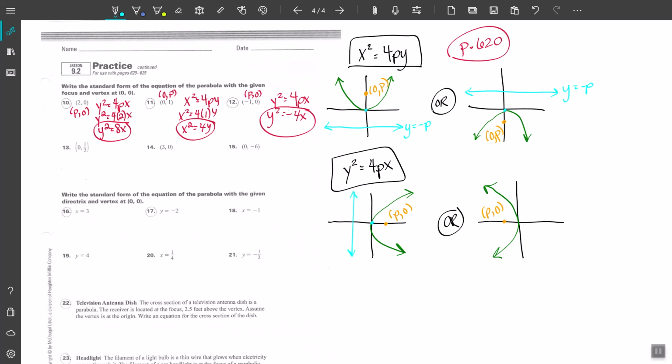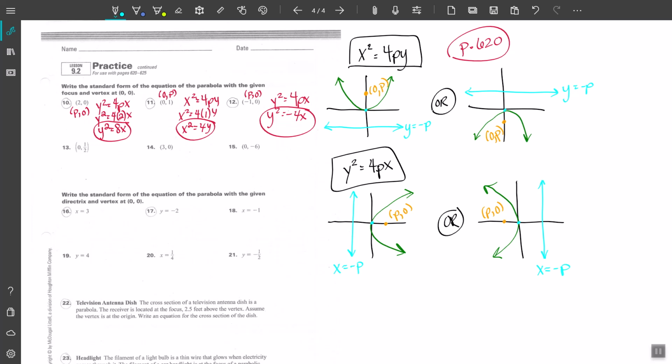But this time it's going to run through an x, whatever that x coordinate was. So this will be x equals the opposite of p. Same thing on this side. Vertex is my reference point. I'm going to go the opposite direction. It's still going to run through an x. And so x is going to equal the opposite of p in this case as well.